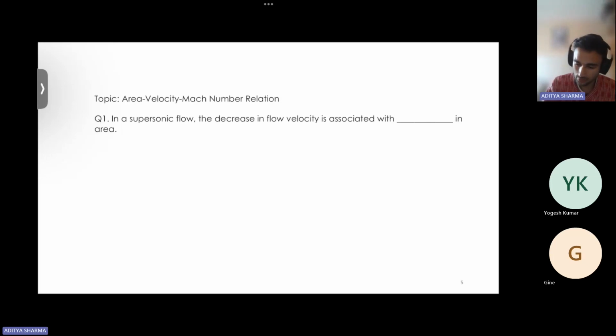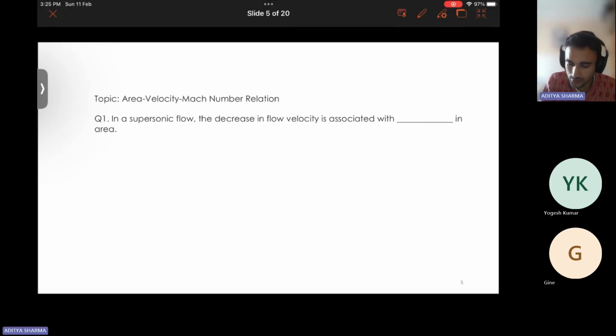We have our first question of session 3. This is our topic for this question: area velocity Mach number relation. In a supersonic flow, the decrease in flow velocity. So we have been given two things.